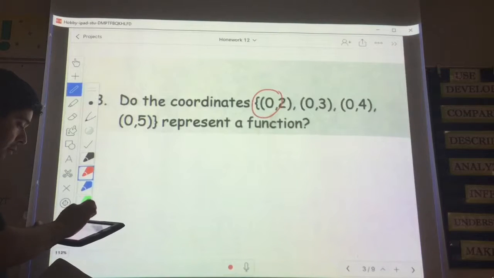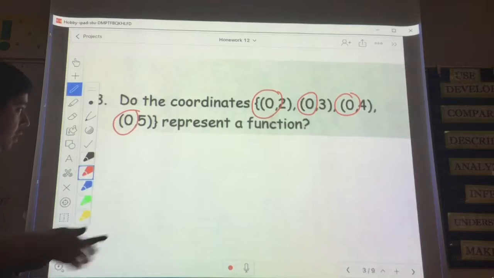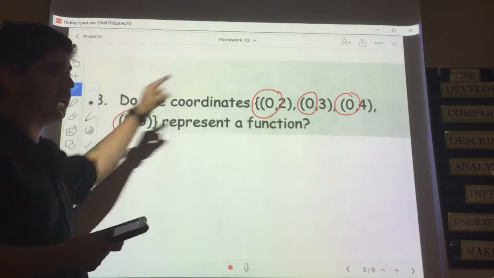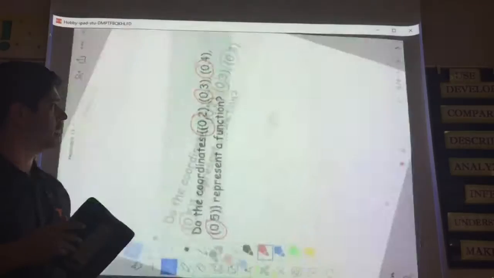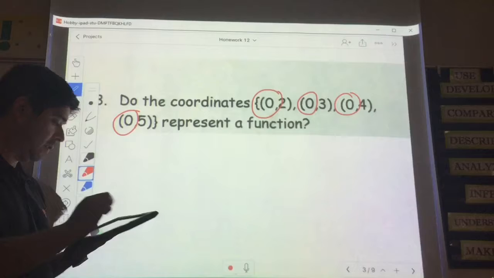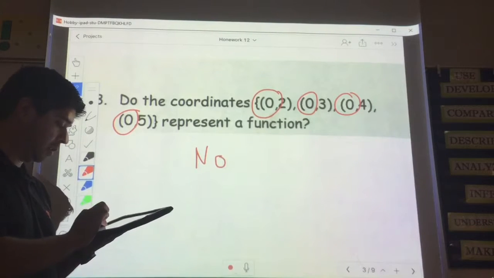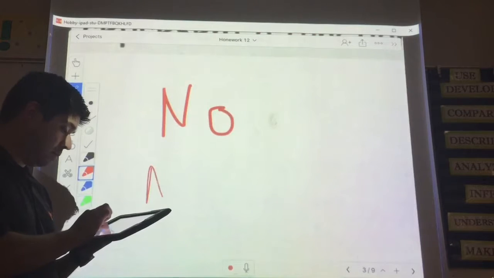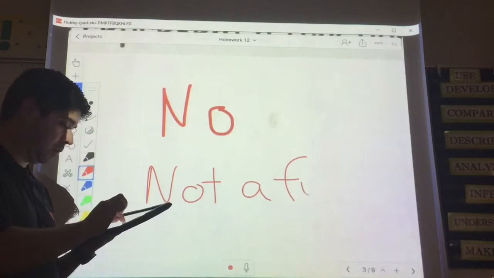I'm looking at my 0, 0, 0, and 0. When you see that these zeros repeat, the x values repeat, that should automatically tell you that it's not a function. So does it represent a function? No. Or if you put not a function, either one of those would be okay.